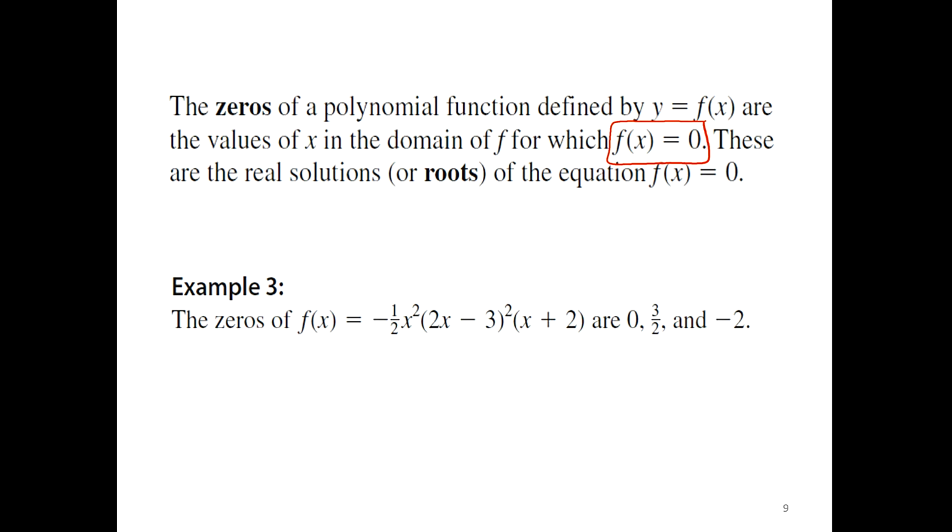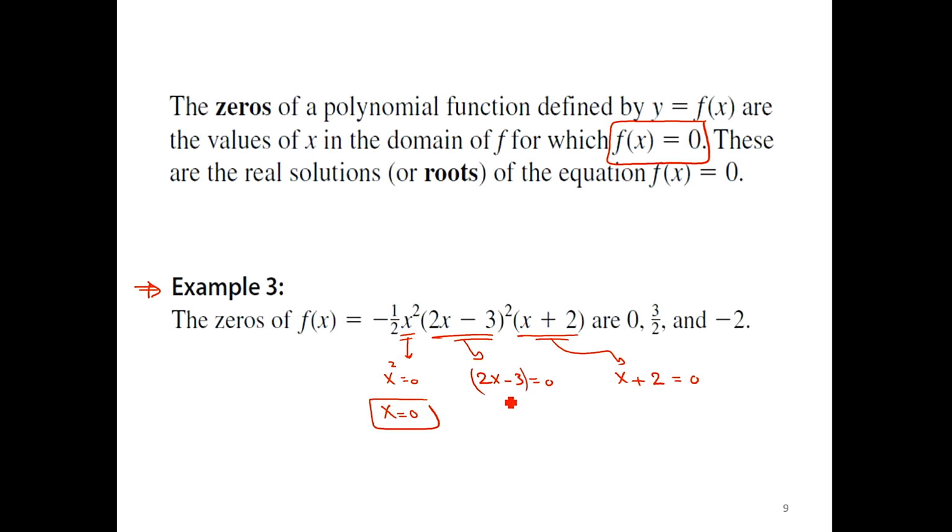Look at this function in example 3. We need to find the zeros of the function, meaning find the values of x that make f of x equal 0. So we have x squared equals 0, or 2x minus 3 all squared equals 0, or x plus 2 equals 0. Taking the root of x squared, we have x equal 0.